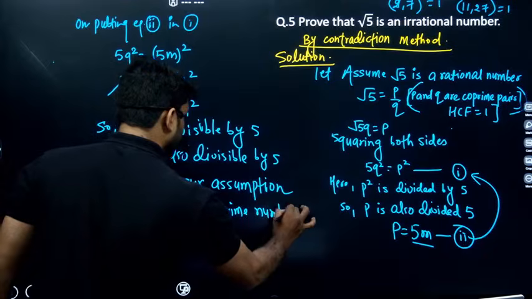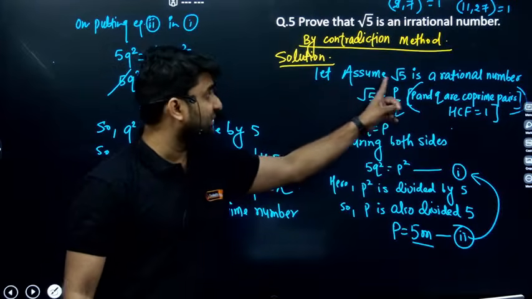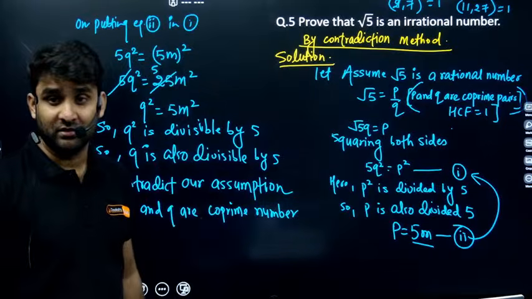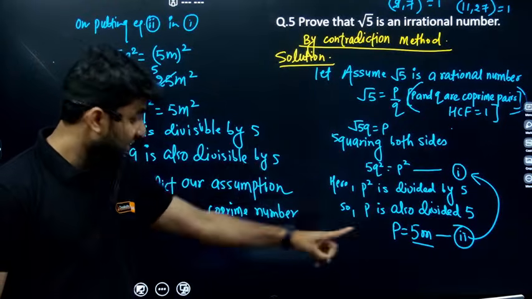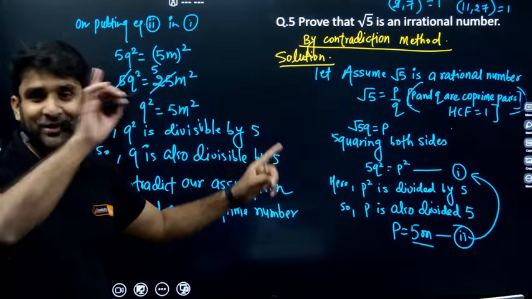And why has this contradiction occurred? Because our assumption was root 5 is a rational number. Because of that assumption, this contradiction has arisen. So root 5 can't be a rational number.